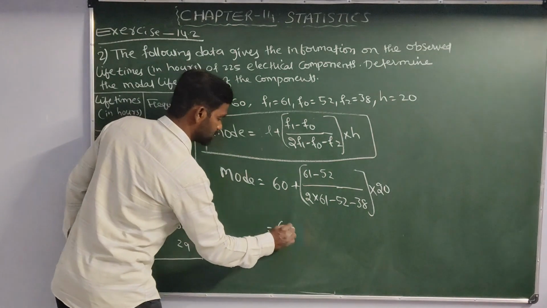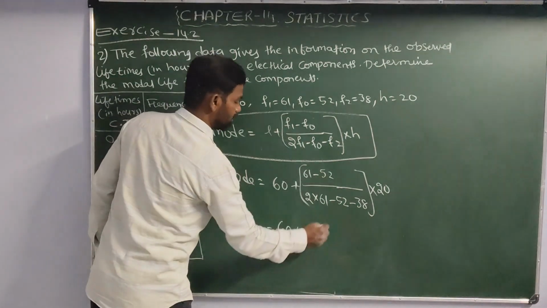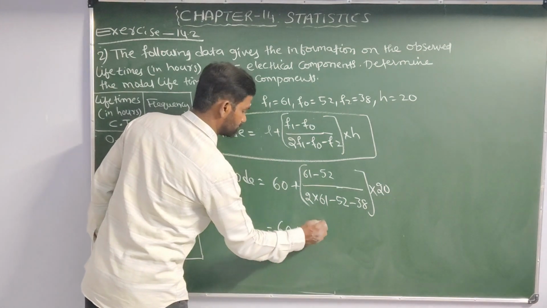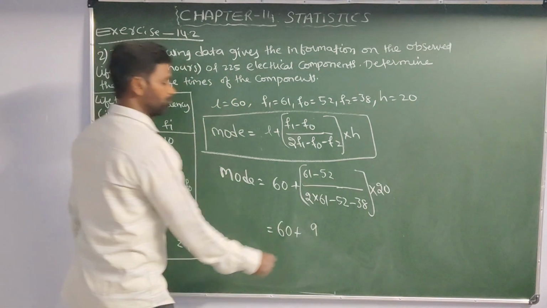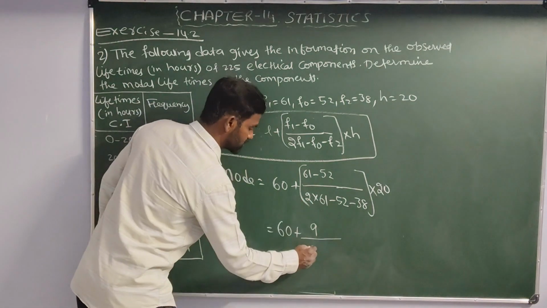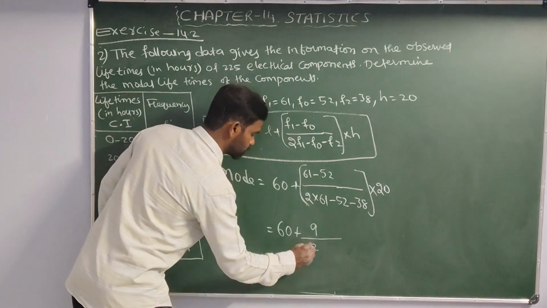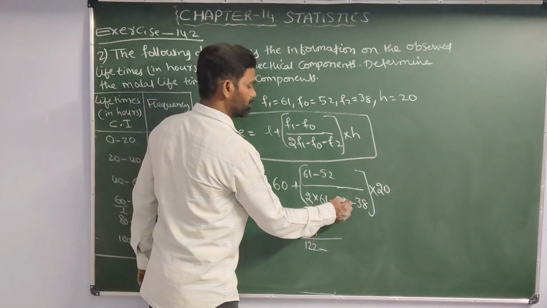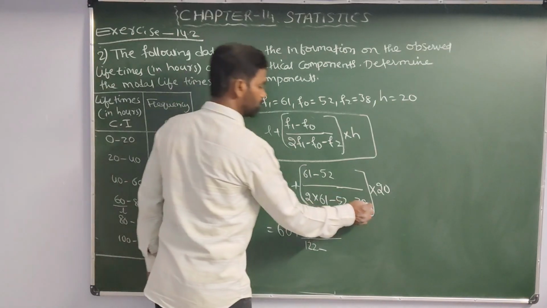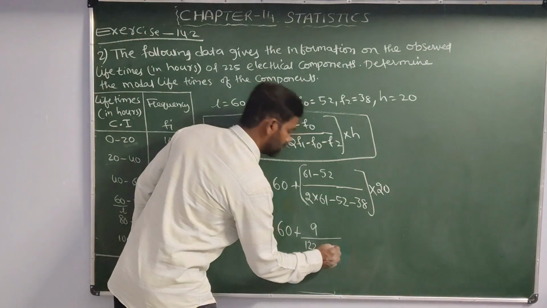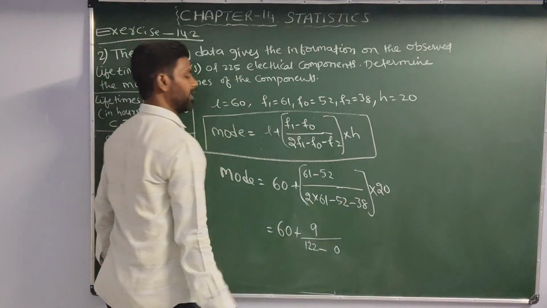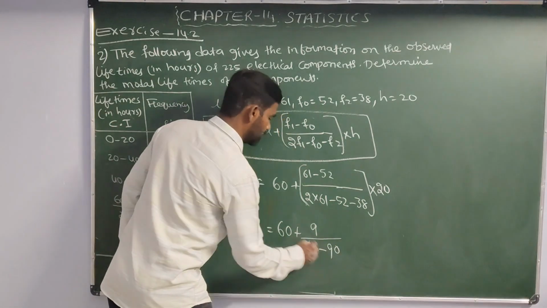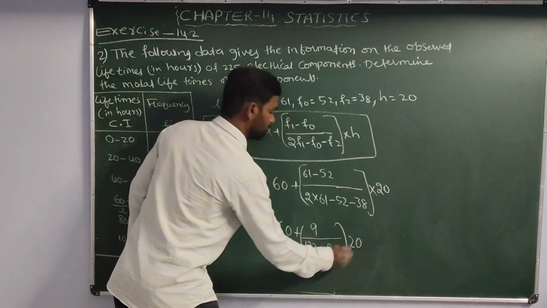That is equal to 60 plus 61 minus 52, it is 9, by 2 into 61. 2 ones are 2, 2 sixes are 12. It is 122 minus, both are negative, so add it, sum up. 2 plus 8, it is 10, 1. 5 plus 3, 8. 8 plus 1, 9. Into 20.